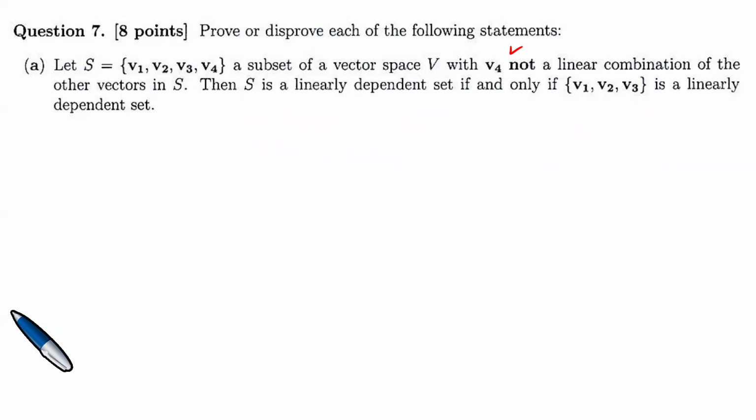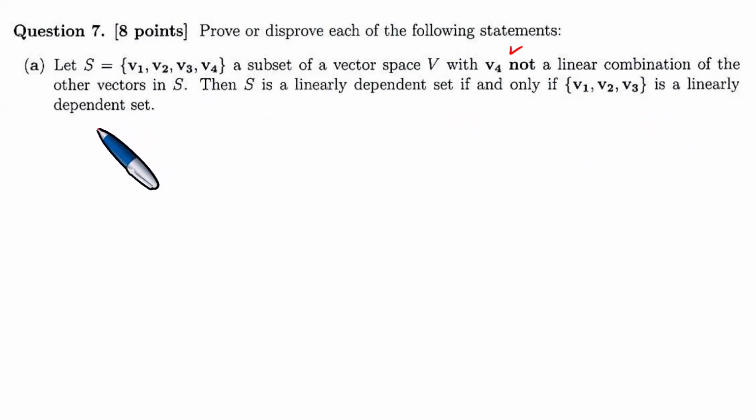Okay, so obviously look at these and you think of this. But first things first, because we are told that V4 is not a linear combination of the vectors there, it is a true statement that S is a linearly dependent set with four vectors if and only if V1, V2, V3 is a linearly dependent set.